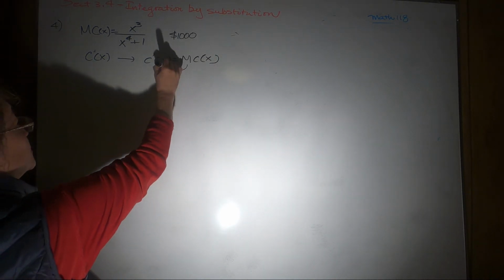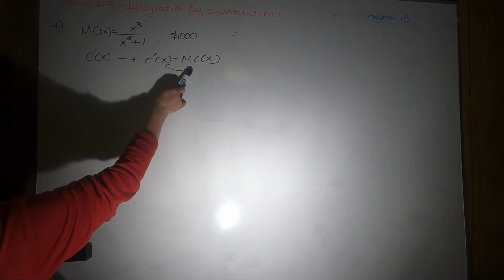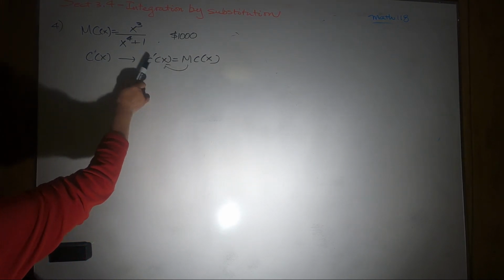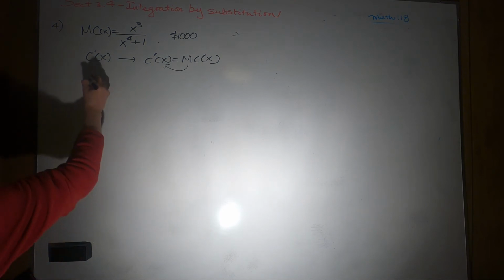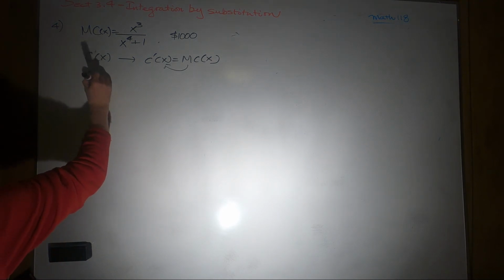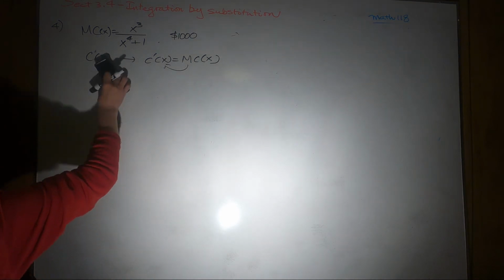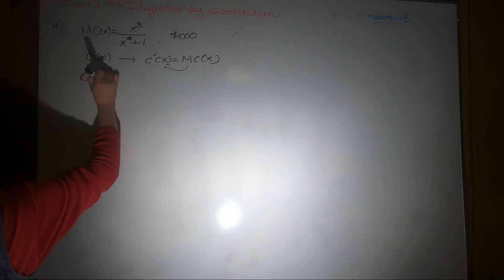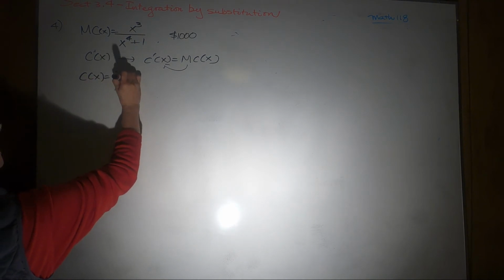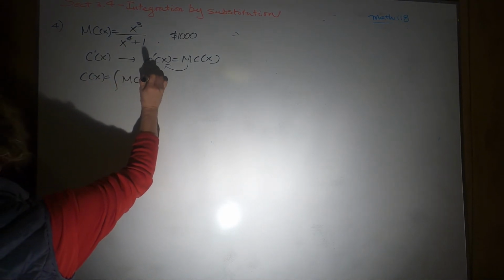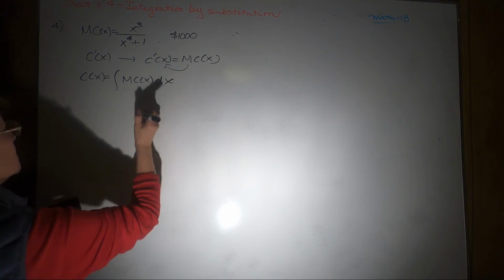Then you do the reverse, take the integration of the marginal cost, then it will be your cost function, right? So we do the MC, so write it this way. So we say the cost function is the integration of the marginal cost function.